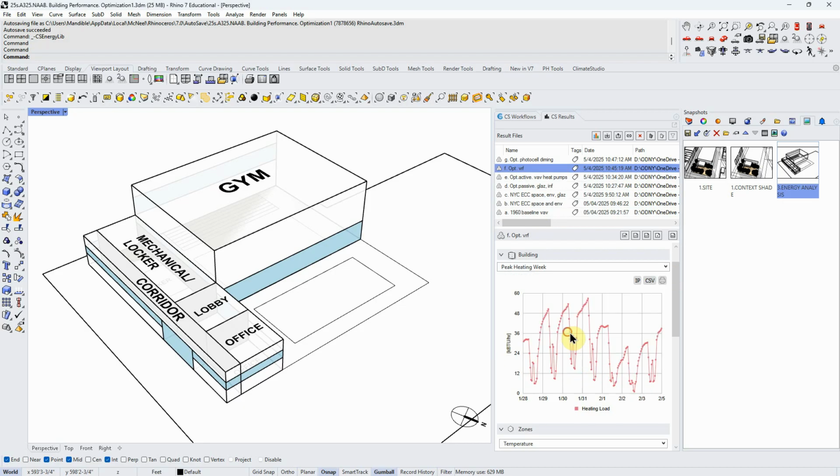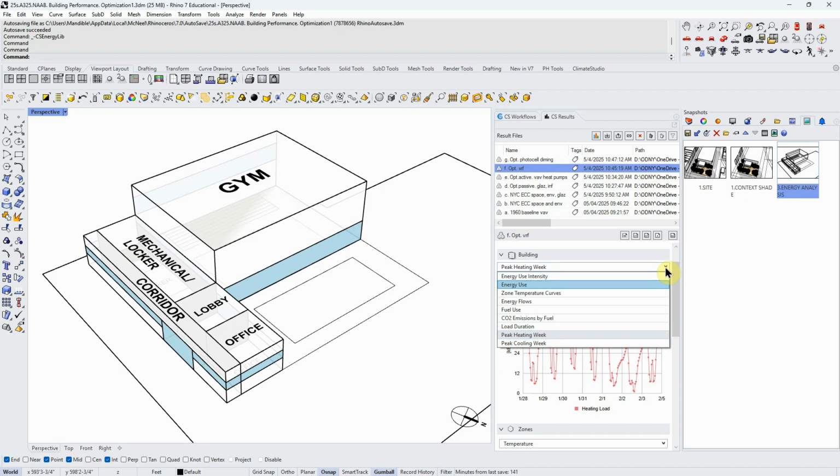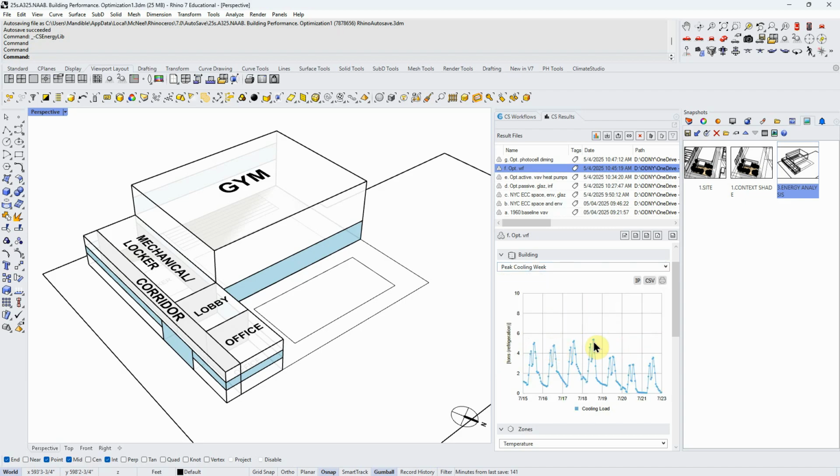I'm going to start with heating. I'm going to call that, let's see, 48. I'm going to say that's 58 kilobtu's of peak heating, and I'm going to say we're at, I don't know, 5.5 tons of cooling.